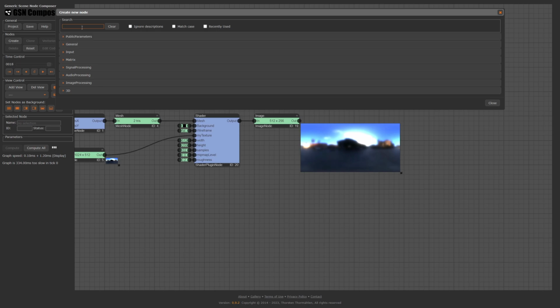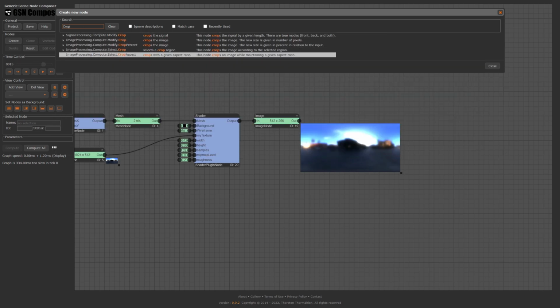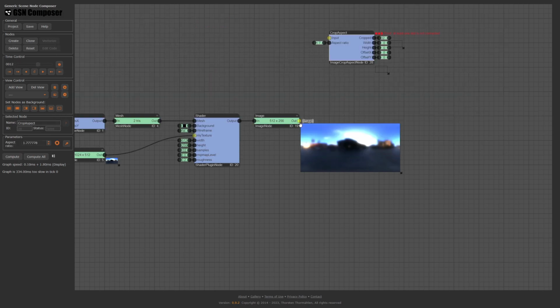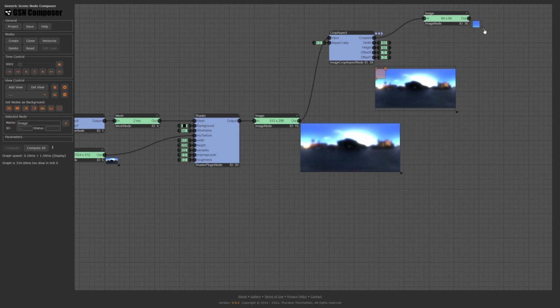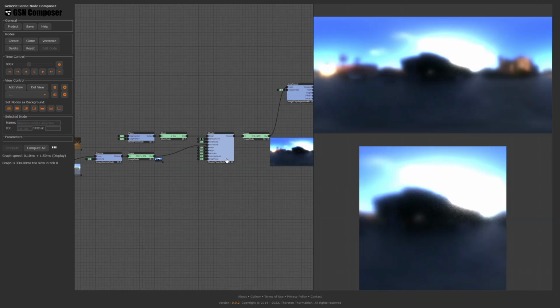Let's use a crop node to crop out a region in the pre-filtered environment map that exhibits some sampling noise. We show the pre-filtered environment map and its detail magnification on the right side of the screen.